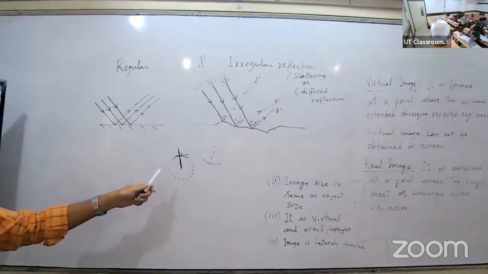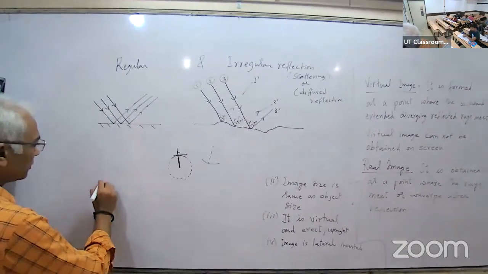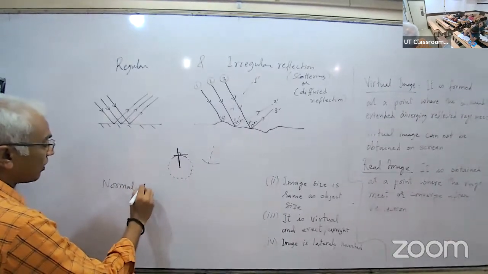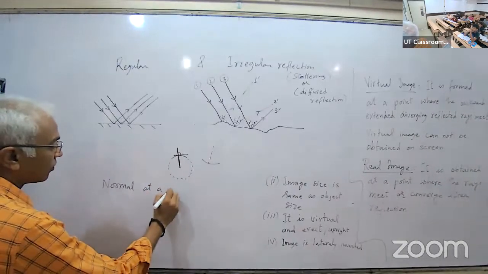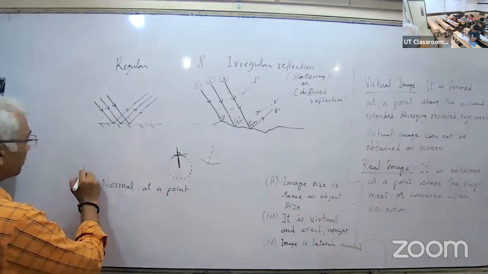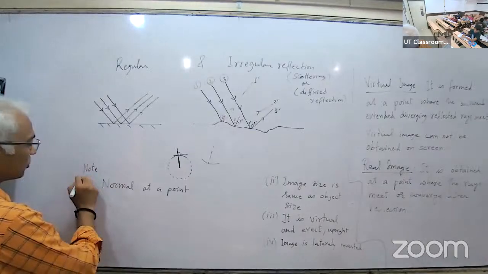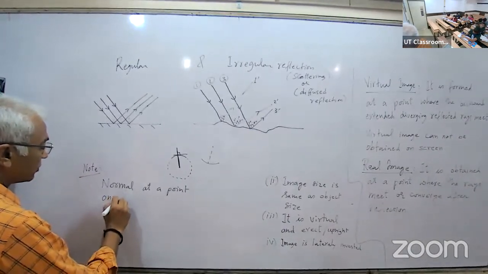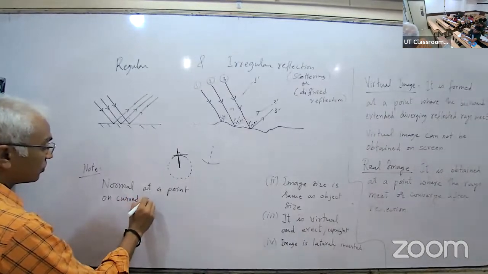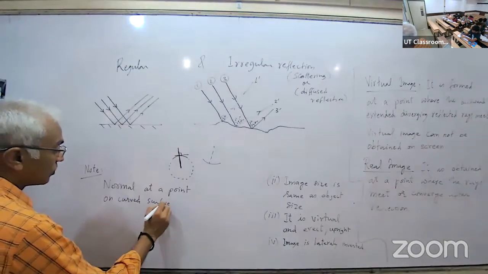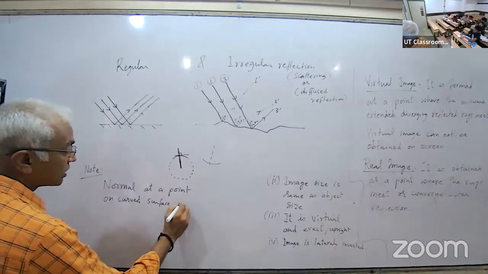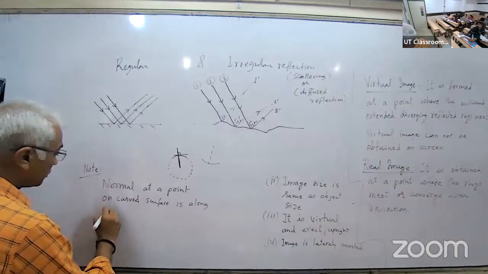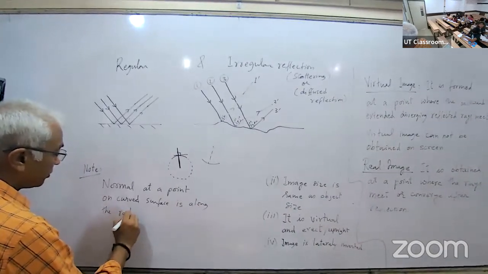So what did you learn? What is the normal on a curved surface? The normal on a curved surface is along the radius of curvature.